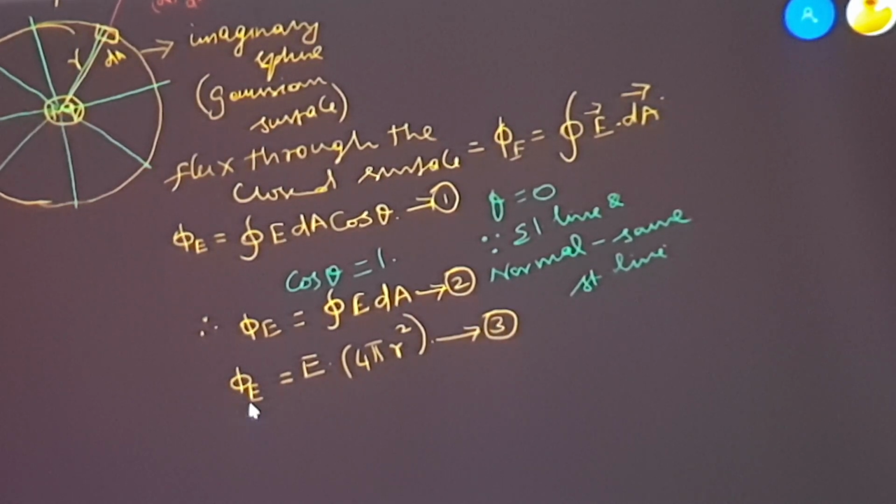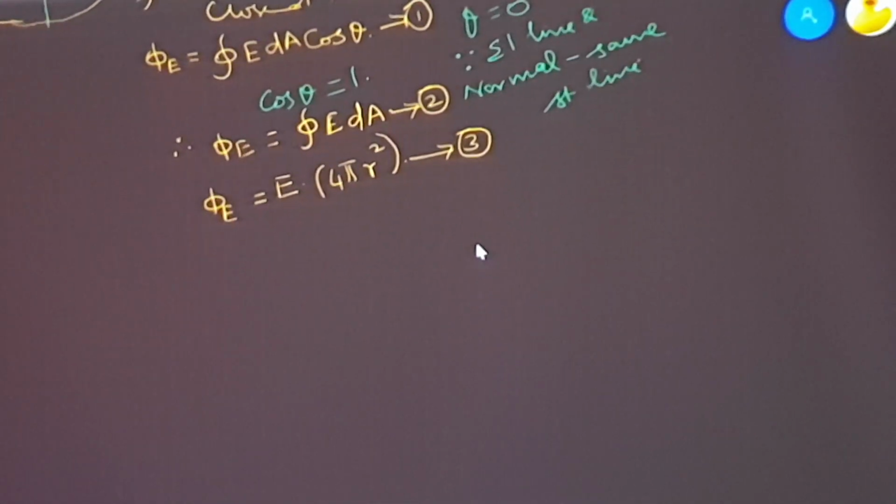Now you see the total electrical flux available, phi E, is equal to E into 4 pi r square. So what is the value of E? E is the electrical field at a point at a distance r due to the point charge.